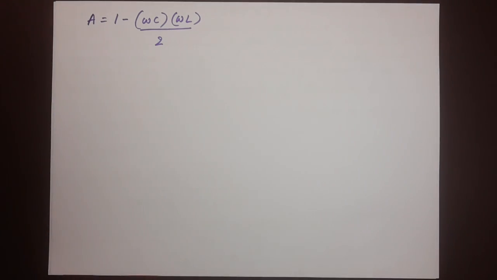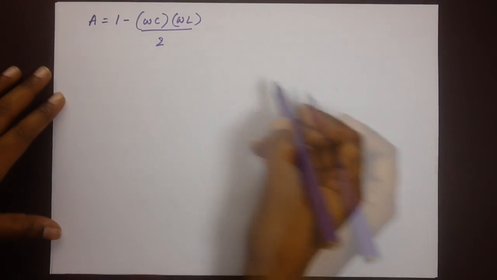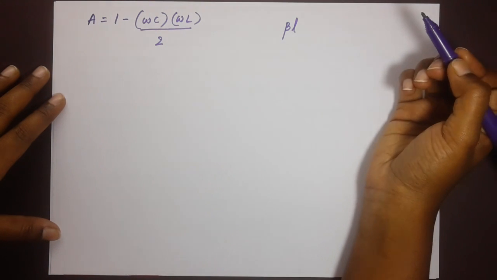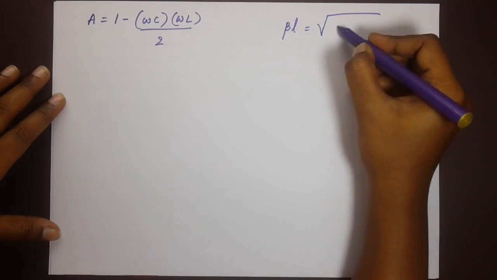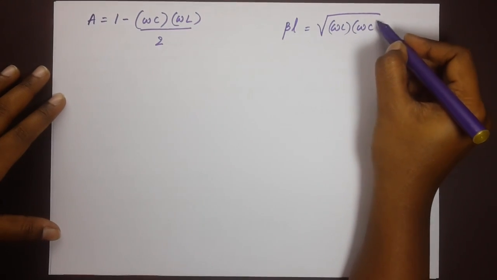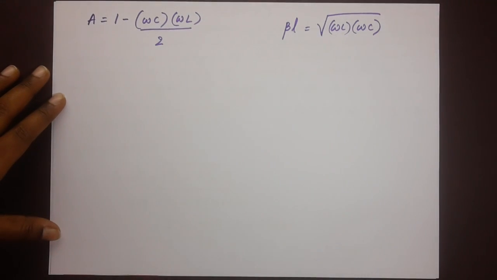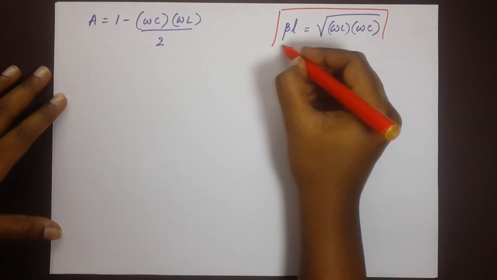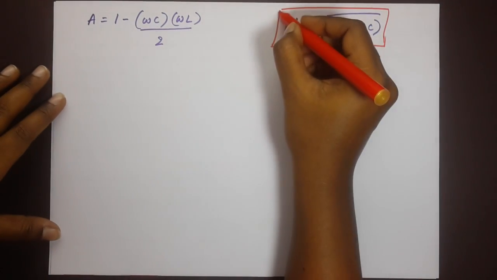Now the next step is to write the equation in terms of phase shift constant and the length. Now we have another relation. Beta L is equal to root of omega L into omega C. Now here's another relation that will help in deriving the expression that we require.